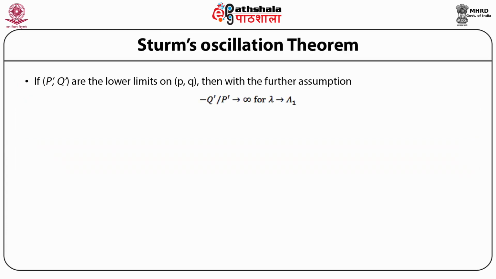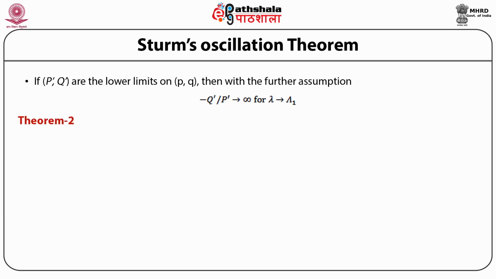If capital P prime and capital Q prime are the lower limits on small p and small q, then with the further assumption minus capital Q prime by capital P prime tends to 0 for lambda tending to Greek lambda 1, we get the second theorem.